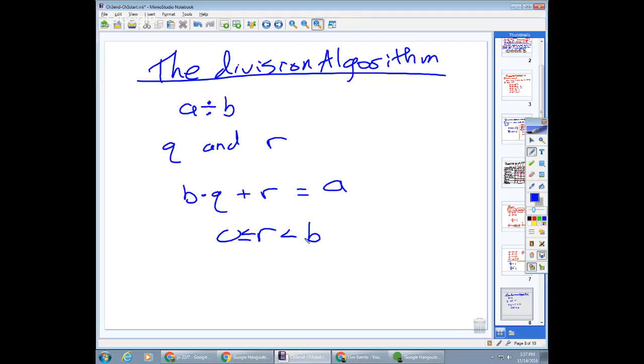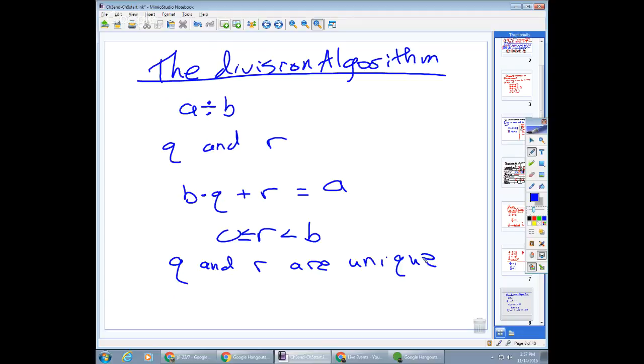They could be the same, but they have to be unique, meaning there can't be more than one choice for Q. Q and R are unique. So I can totally satisfy this part of the definition of division for 0 divided by 0, but I fail this last part. I can't do it uniquely.